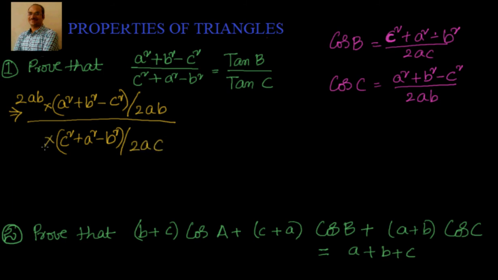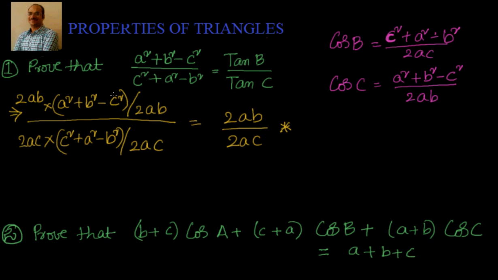So you can see that this is nothing but equal to 2ab by 2ac into this whole part, (a² + b² − c²) / 2ab.